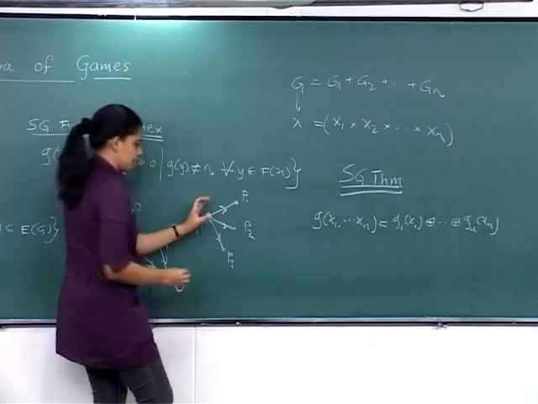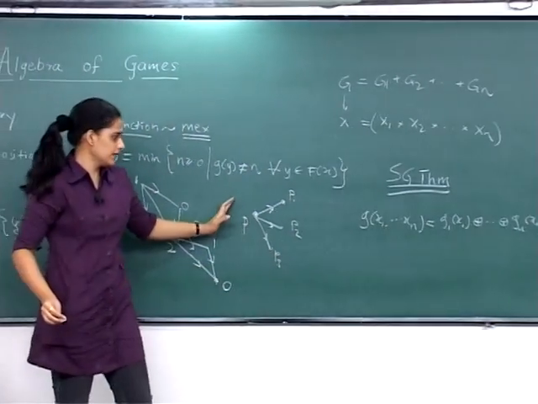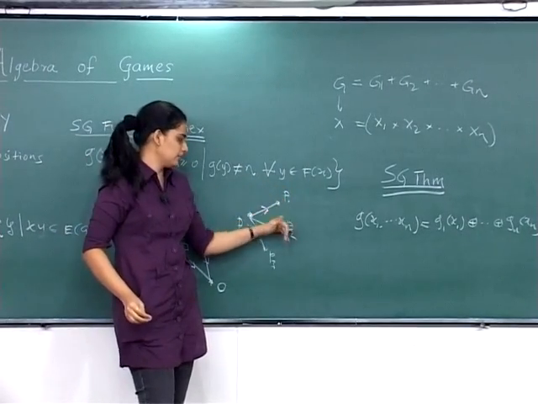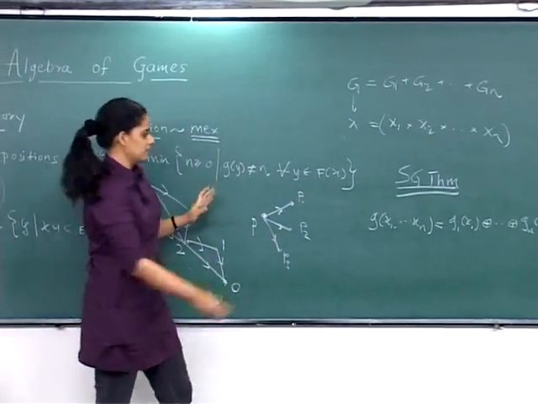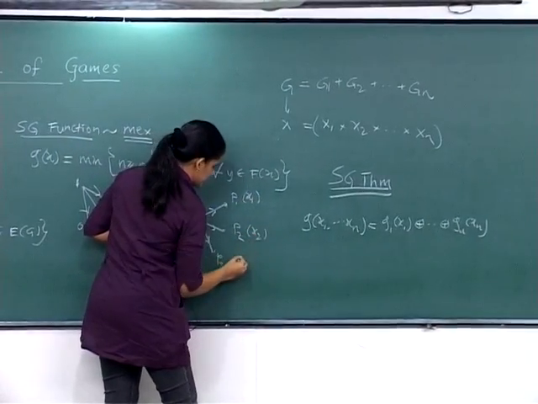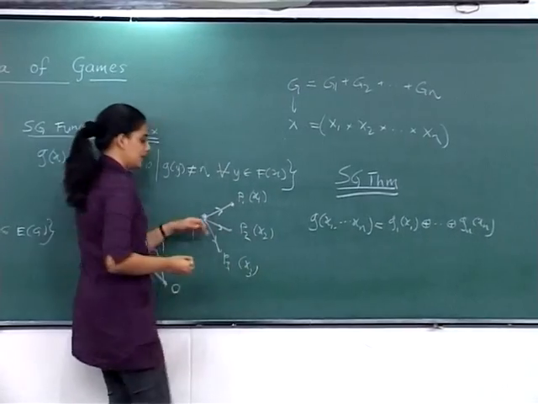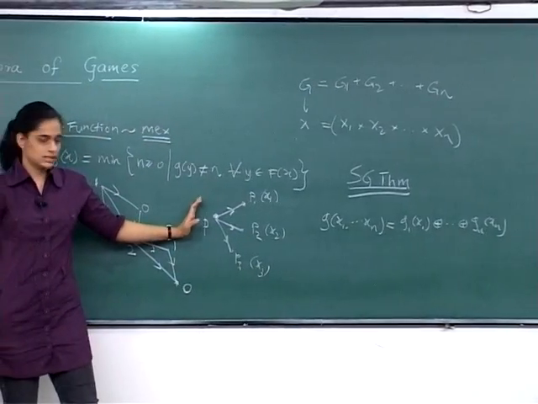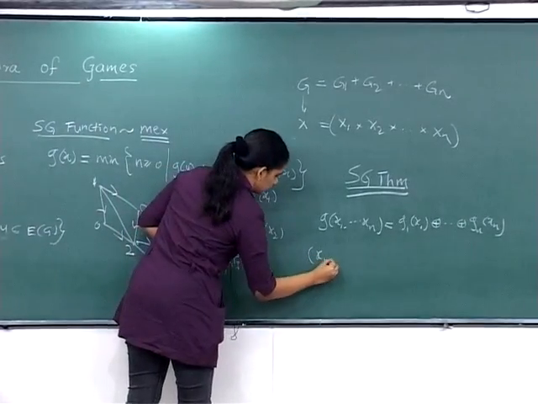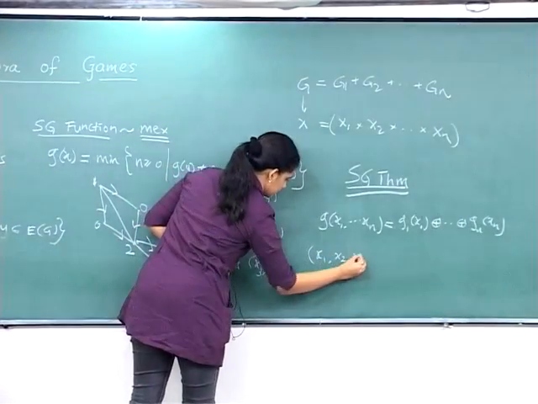I am at position P, and from here I can make moves and go to either P1, P2 or P3. And in the graph their corresponding NIM values are say x1, x2, x3. So my game from position P is equivalent to a NIM game with initial configuration x1, x2, x3.